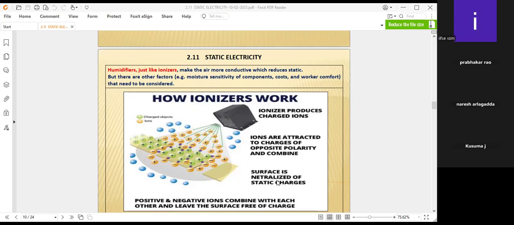See how it is: the surface is neutralized of static charges. Even though static charges leak because the relative humidity is low in the atmosphere, the electric charged body leaks electricity, the ionizer will be helpful so there is no risk to the equipment or to the employee.